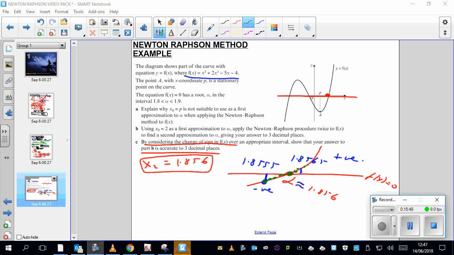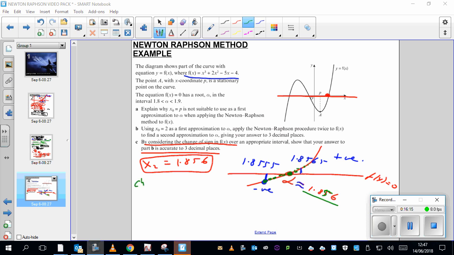So assuming that it's continuous, i.e. there's no breaks like asymptotes or anything, then I must have passed through the x-axis in order to change from negative y's to positive y's. And I need to prove that either side of 1.856, i.e. between the upper and lower bound, that happens, and therefore my answer is correct to 3 decimal places.